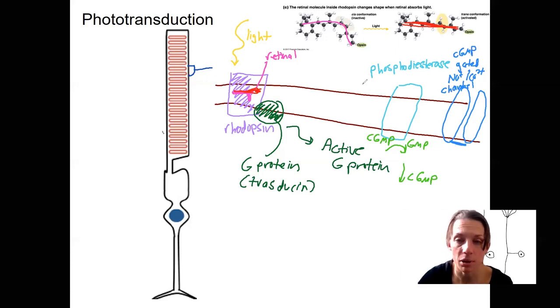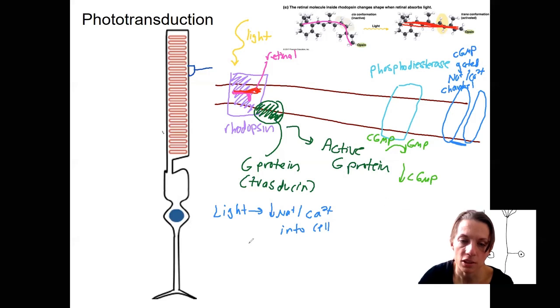What's going to happen to the membrane potential inside the cell? So this light is ultimately going to cause less sodium and calcium to flow into the cell. This is going to cause the end of depolarization.